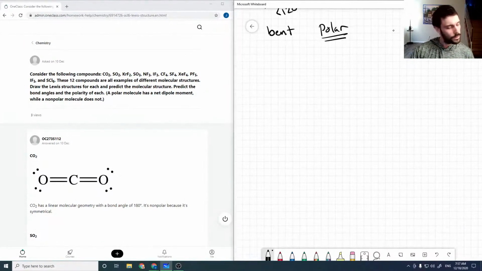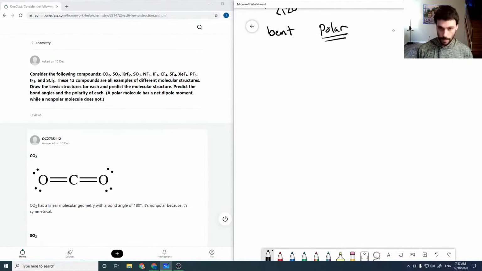Okay, KrF2. So krypton is a noble gas, so we'll have 8 valence here. These are both halogens, so 7 times 2 equals 14. For krypton to form any bonds at all, we're going to have to move some of its electrons, but we can do that.